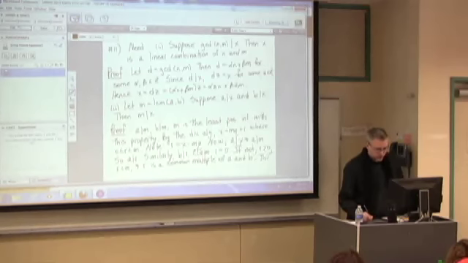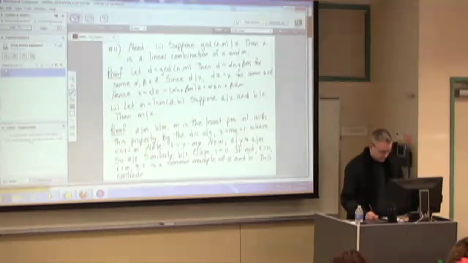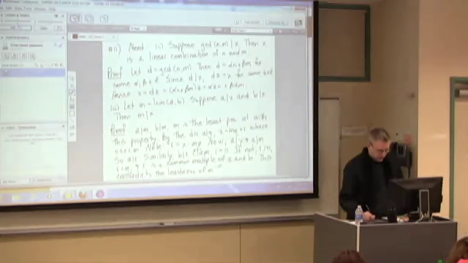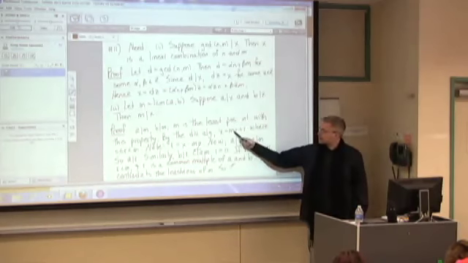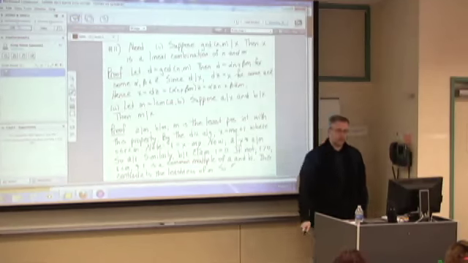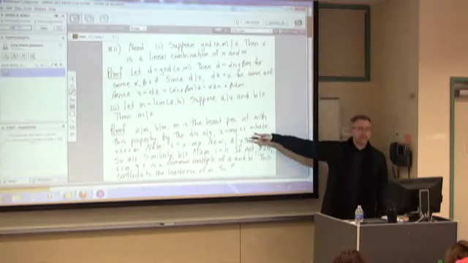This contradicts the leastness of m. So, well, what do we know if r is 0? That means that m divides x. That's exactly what we're trying to prove, right? m divides x.